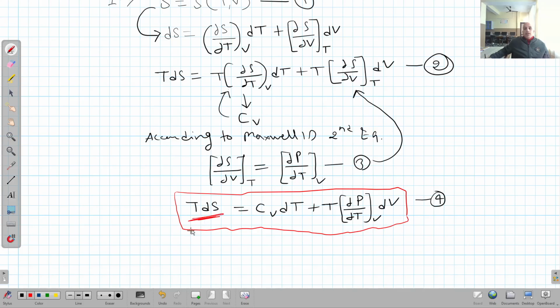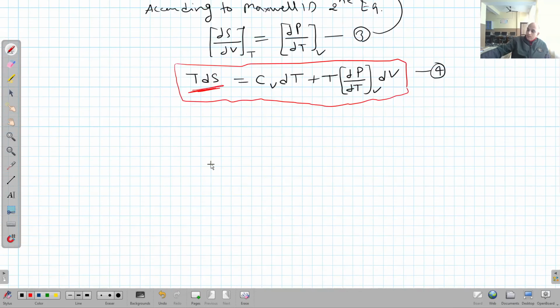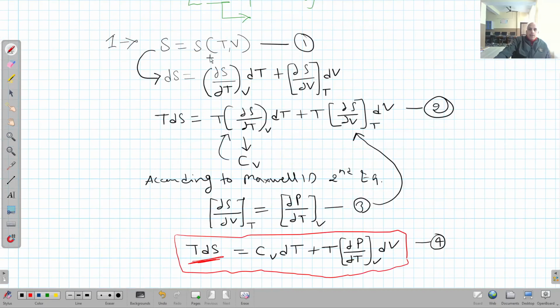Clear? Now we are going to derive the second TdS equation. Now we are considering entropy as a function of temperature and pressure. Clear? This is another way we can take the entropy as a function of other variables, temperature and pressure. Earlier we took entropy as a function of temperature and volume.